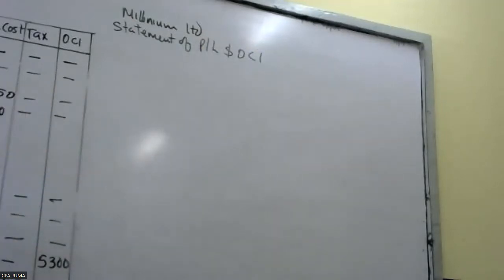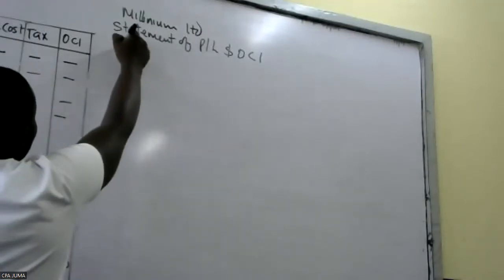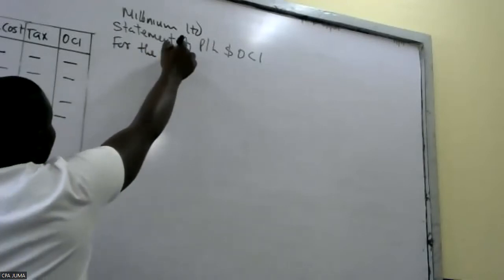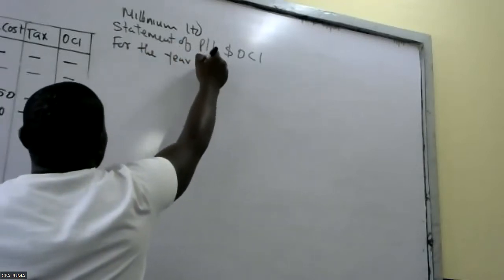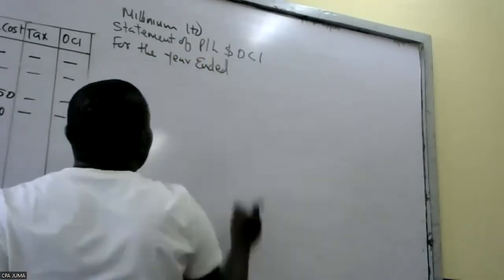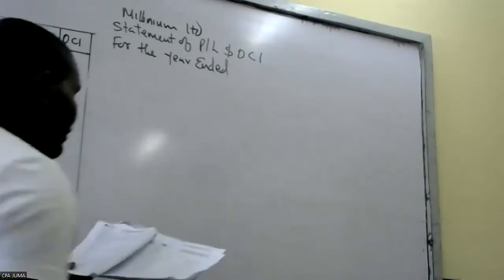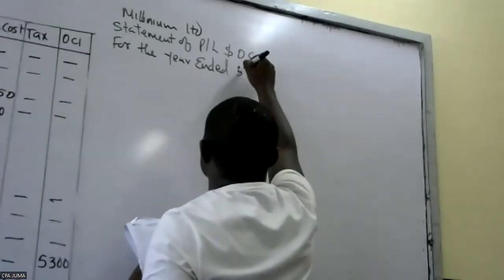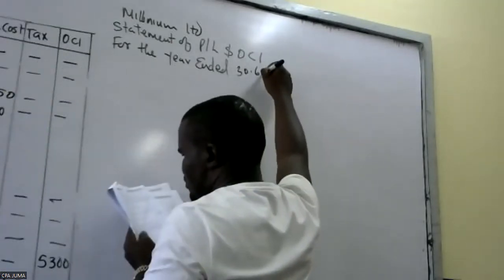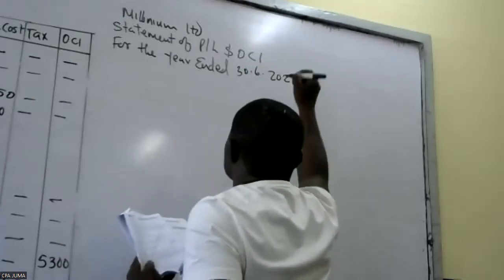Profit and loss and other comprehensive income for the year ended 30th June 2021.